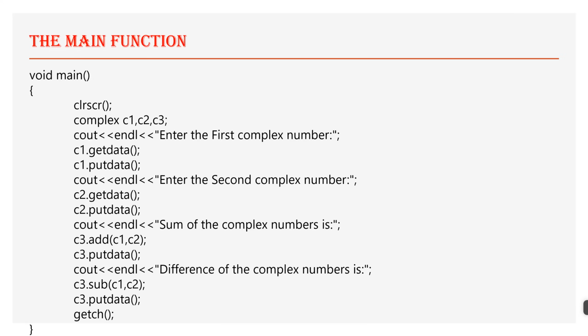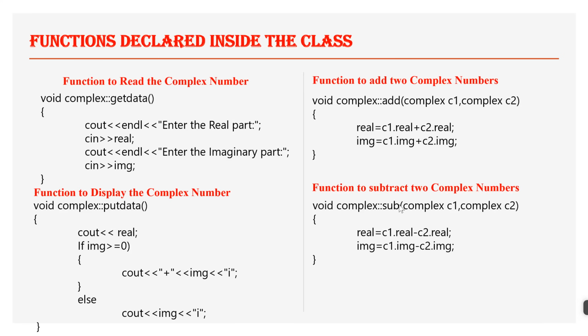Now the difference of the complex numbers. So now you are executing C3 dot sub of C1 comma C2. C1 is 6 plus 4i, C2 is 4 plus 2i. Now these arguments are passed here. Real is equal to C1 dot real, that is 6, minus C2 dot real, that is 4.